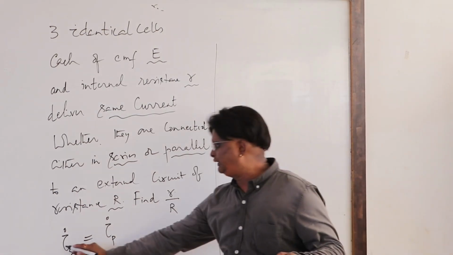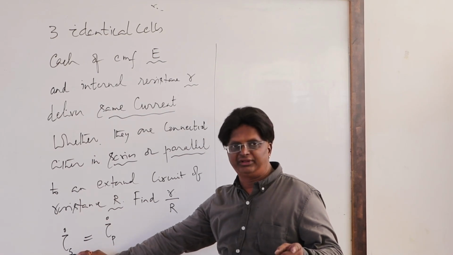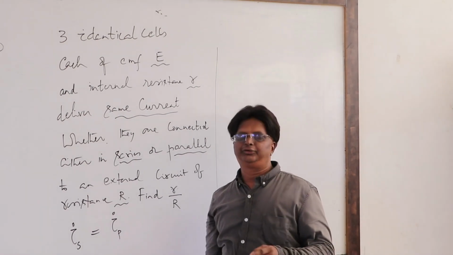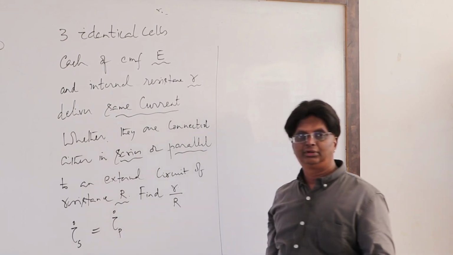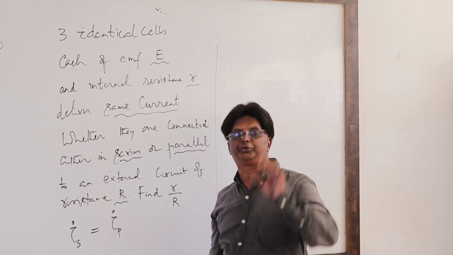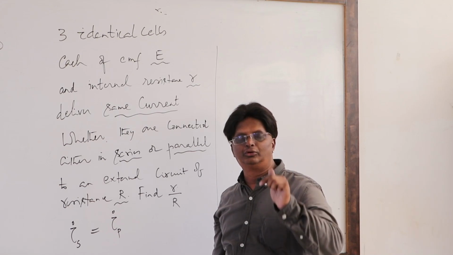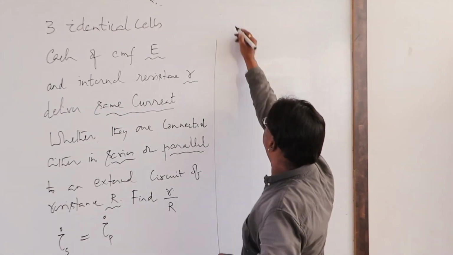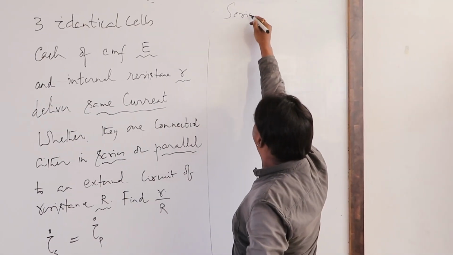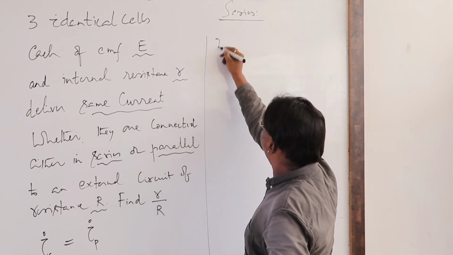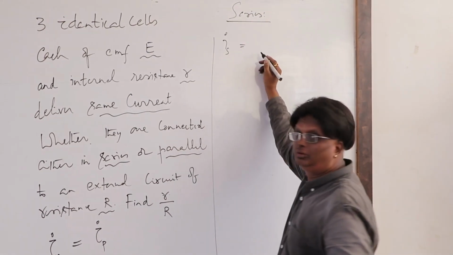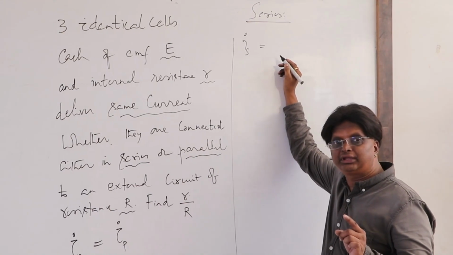Now it is said that I_S, in the series combination of cells, is equal to the current due to the parallel combination of the cells. And we know how to write the current. Current is total volts by total ohms. First, let me write it for the series combination. For series combination, current is total volts. Now, how many cells have we taken?